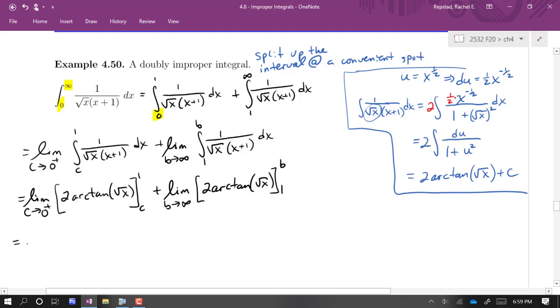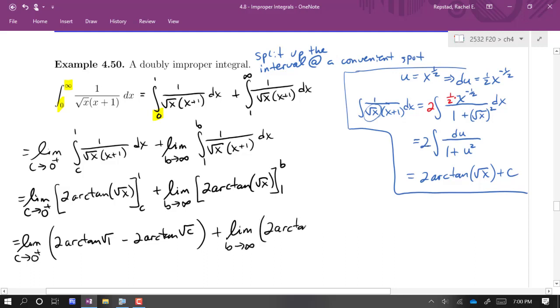All right, now we can plug in our limits of integration. So 2 arctan of root 1 minus 2 arctan of root c, plus the limit as b approaches infinity, 2 arctan of root b minus 2 arctan of root 1.